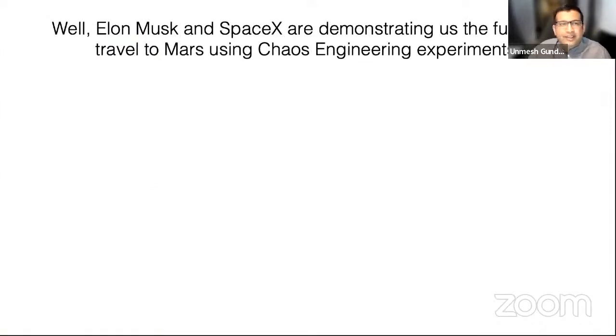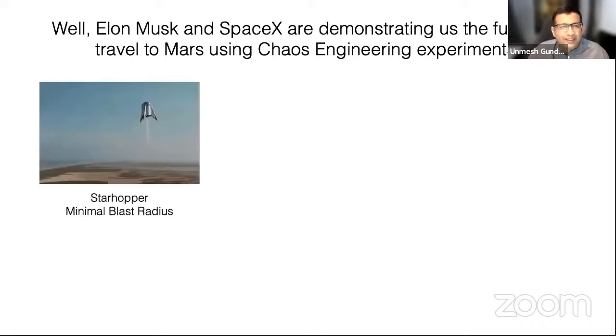Okay, before I get into demos, I'm sure that a lot of people here are Elon Musk and SpaceX fans. I'm a big fan of Elon and SpaceX, and they are demonstrating to us the future of travel to Mars using chaos engineering experiments. I think they first started with Starhopper.